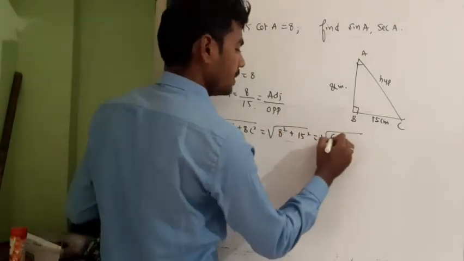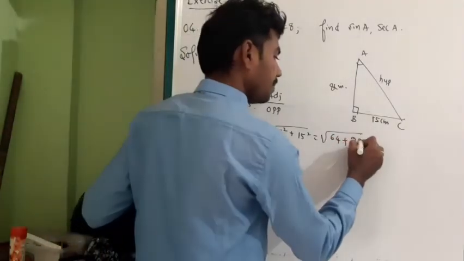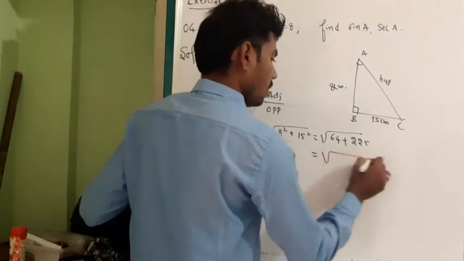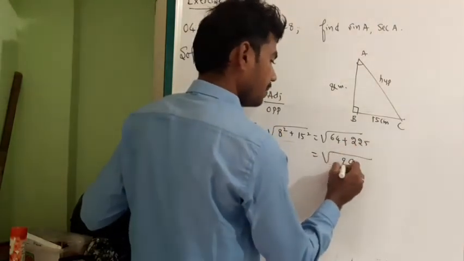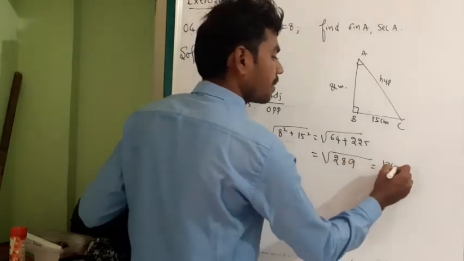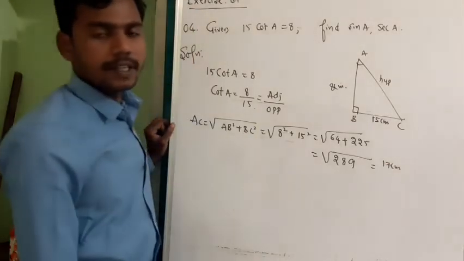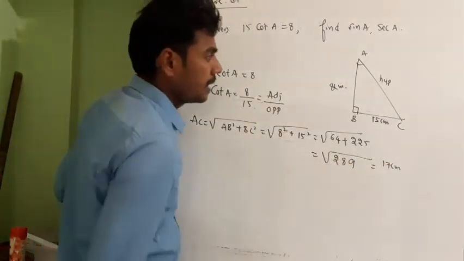What is 8 square? 64. What is 15 square? 225. Fine. This is 289, which is nothing but 17 centimeter. Square root of 17 square is 289. So that is 17 centimeter.